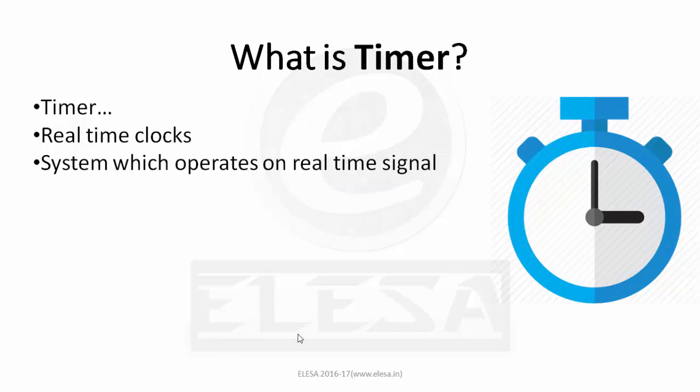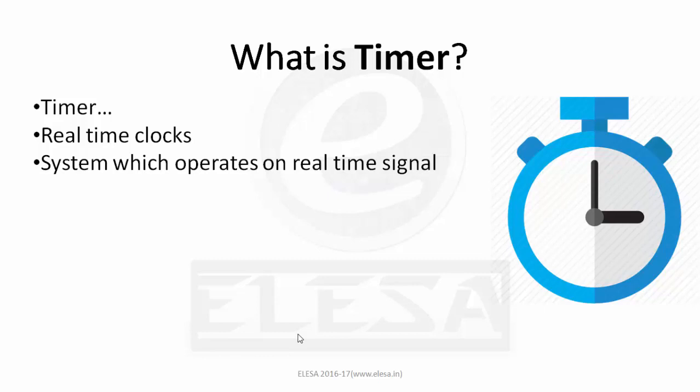In most of the electronic systems which operate on real-time signals, timer is of utter importance. Because, for example, now I'm recording my audio in a machine. If this machine doesn't have a timer, how will it know what the time flow of my audio signal is and how it will be stored in its memory?